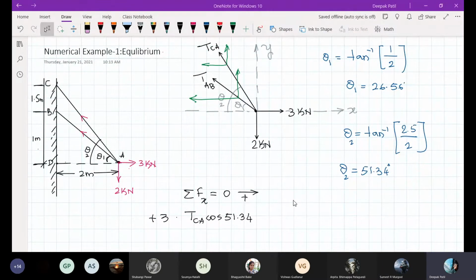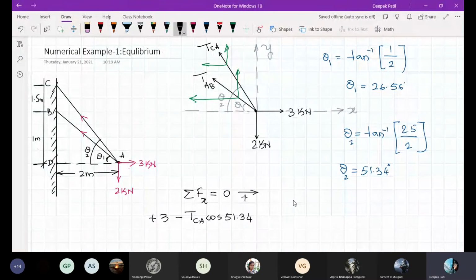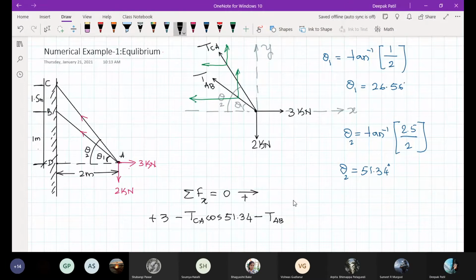Then coming to this one, that also will be minus TAB cos of theta 1, and theta 1 is 26.56. So you can see apart from these three, no other force is there in the x direction. So I should equate it to 0.